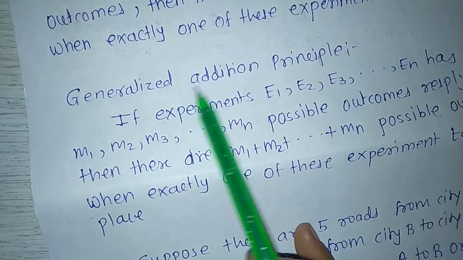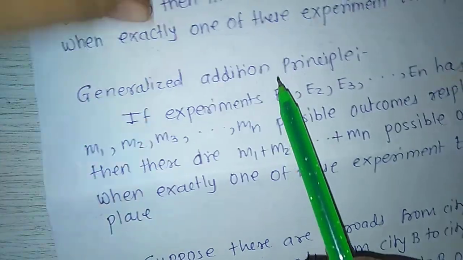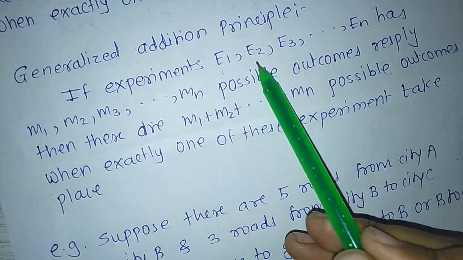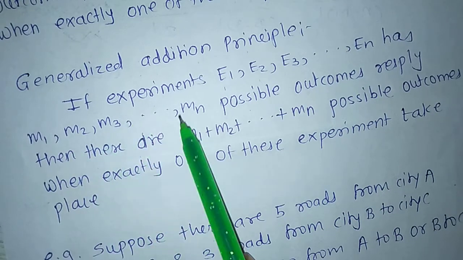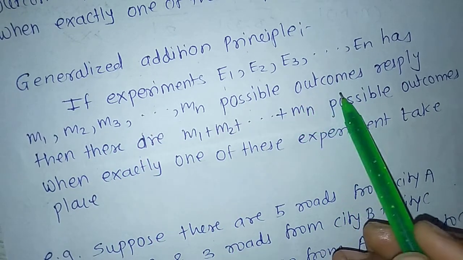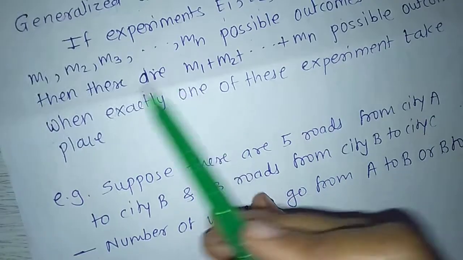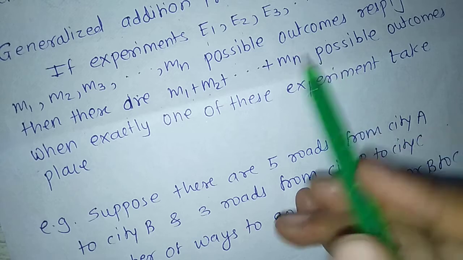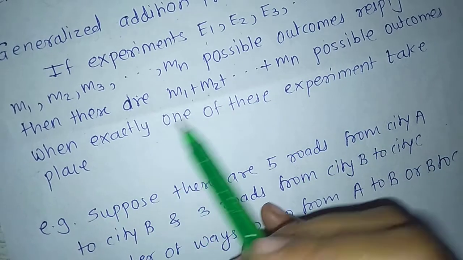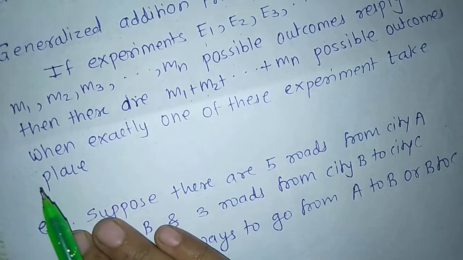Next, the generalized addition principle. If experiments E1, E2, E3 and so on, En have M1, M2, M3 and so on, Mn possible outcomes respectively, then there are M1 plus M2 plus and so on plus Mn possible outcomes when exactly one of these experiments takes place.